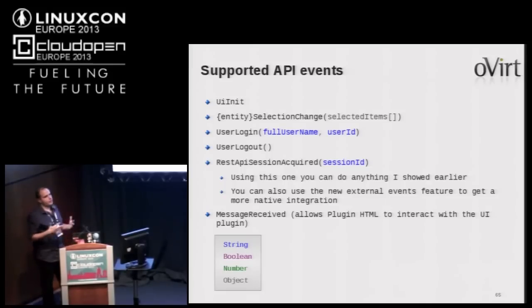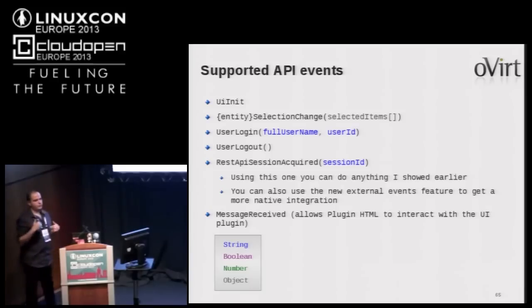In the UI plugin, you can point to a specific URL, but the fact that you're doing a UI plugin with the engine means that you want to affect the engine functionality. So the UI plugin infrastructure creates a REST API session for you, and it gives it to you.